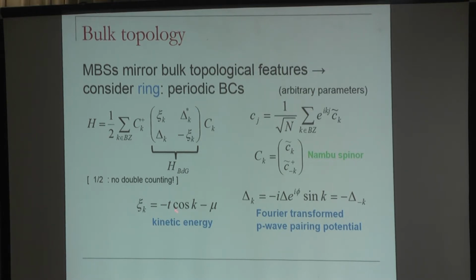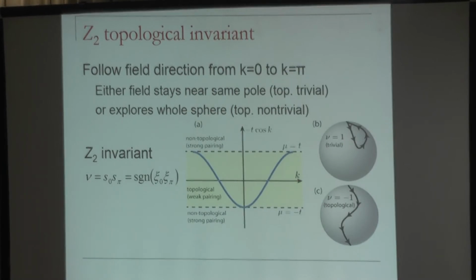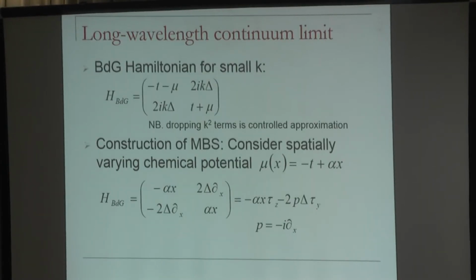So if we stay in linear order, psi k will just be replaced by -t minus mu, and the delta k will be replaced by linearizing the sign. Okay? So with this, we are at this Hamiltonian. So that's the long wavelength approximation of the BDG Hamiltonian.